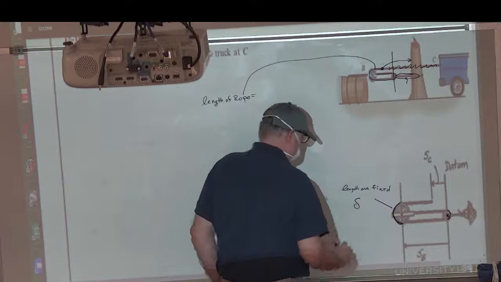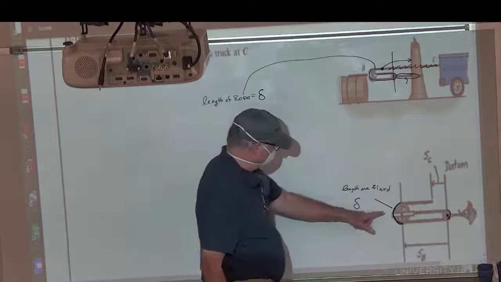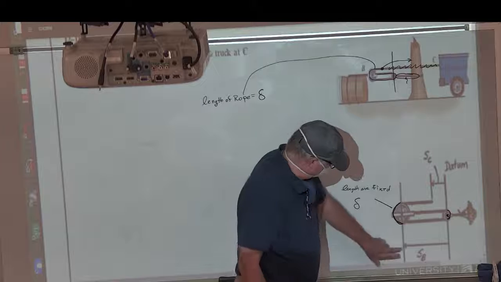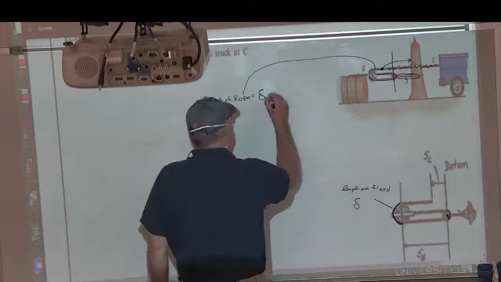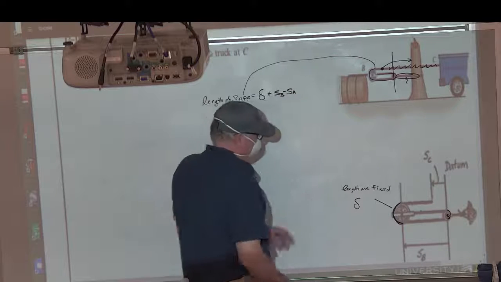I'll just call those a little delta. So the length of the rope is the delta, which is this one and that one, plus this length, which happens to be SB minus SC.